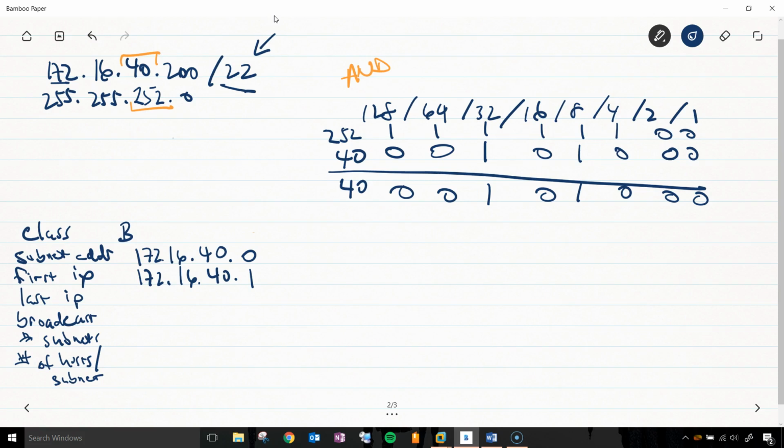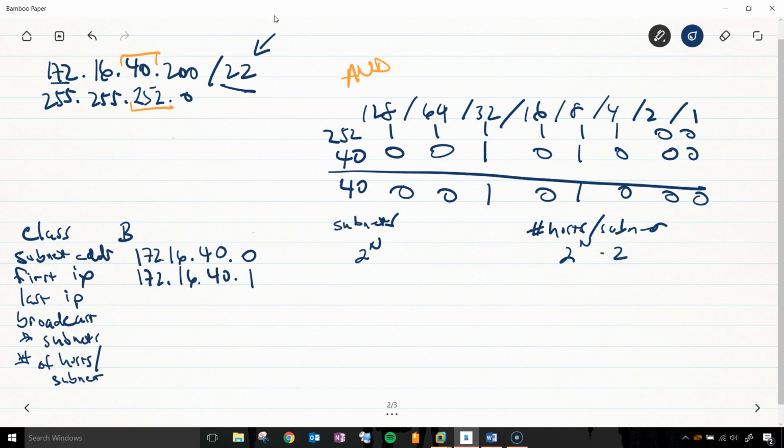Okay, so number of subnets is 2 to the power of n. Number of hosts per subnet is still 2 to the power of n minus 2.